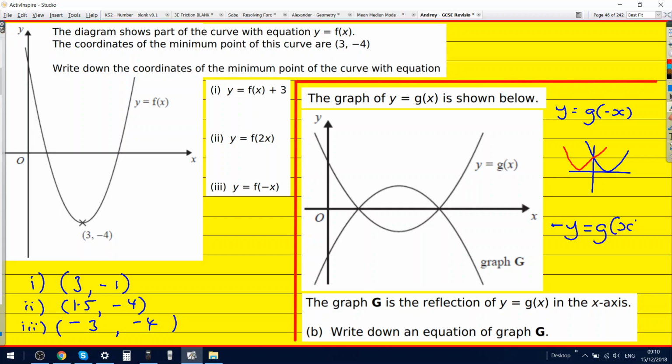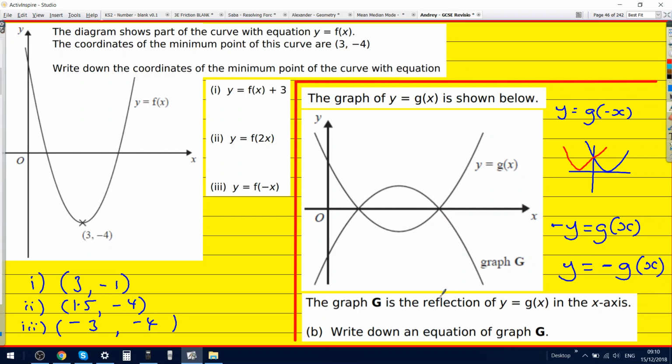It's the y coordinates that changed. And what would that be if you wrote it as y equals? Y equals g plus x. No. If you times both sides by minus 1. Would that be like g minus x? No, because that would be in the bracket. It's outside the bracket. Minus 2.